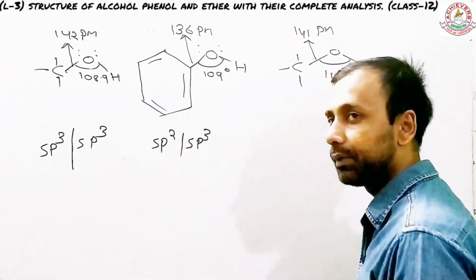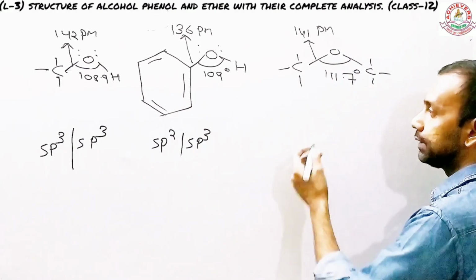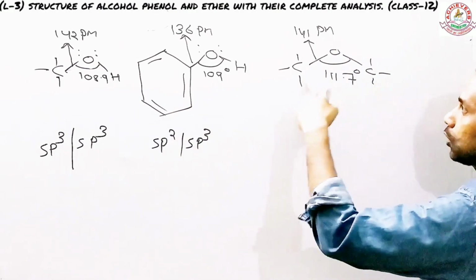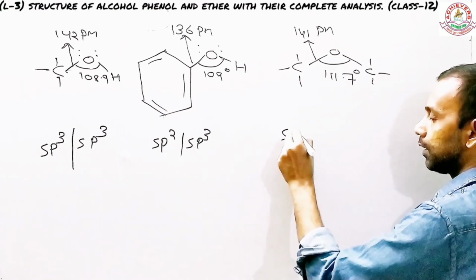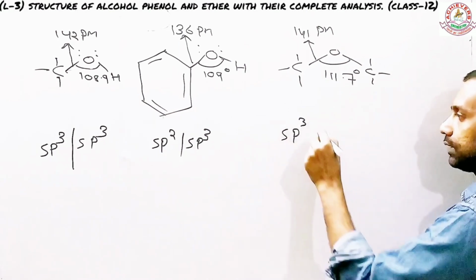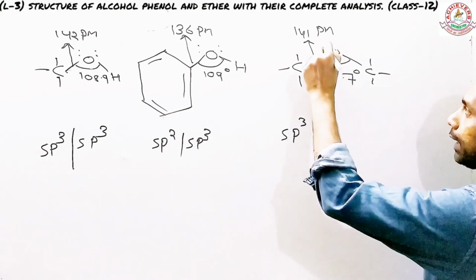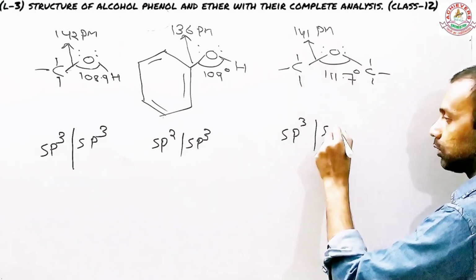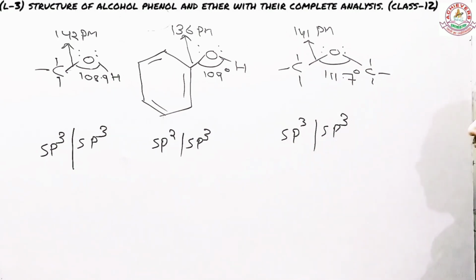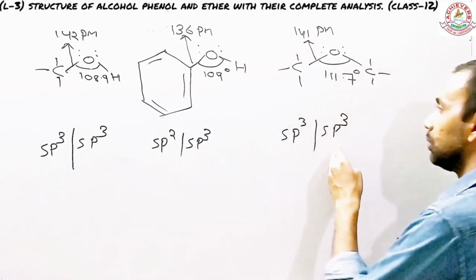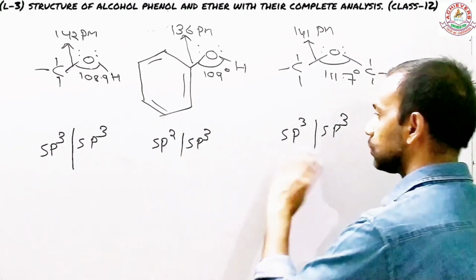So this describes the hybridization. Let's talk about the ether. Each of these carbons has four bonds around it, so it's going to be sp3, and the oxygen again has two bond pairs and of course two lone pairs, so it's also going to be sp3.